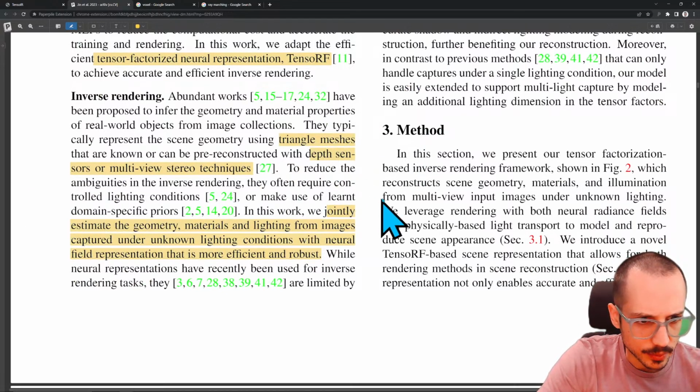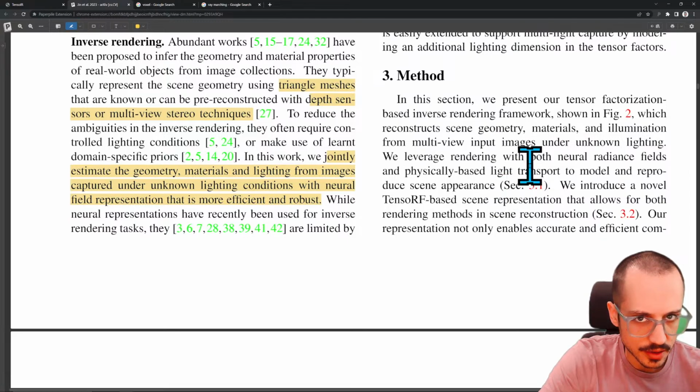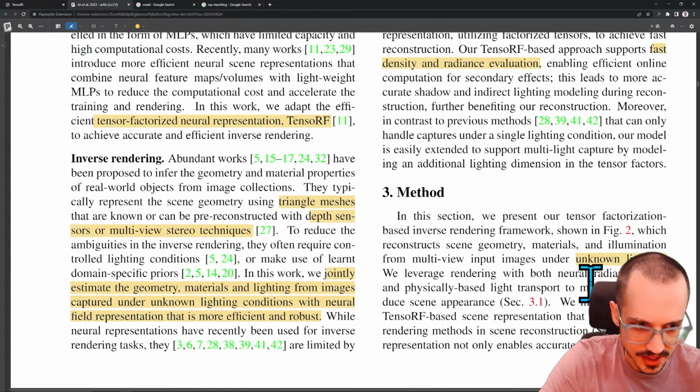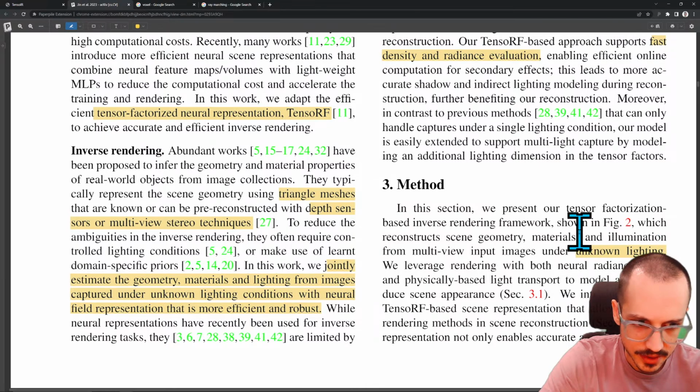Okay. Reconstruct scene geometry, materials, and illumination from multi-view input images under unknown lighting. Unknown lighting, so they don't have any explicit knowledge of the lighting, which kind of conflicts with this, right? Where are they getting the indirect lighting and the incoming light direction if they say they're using unknown lighting?